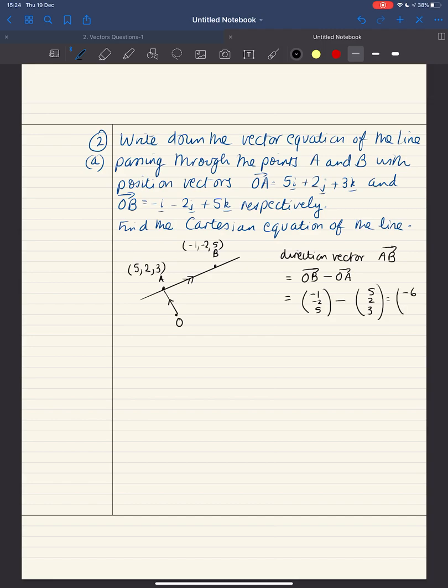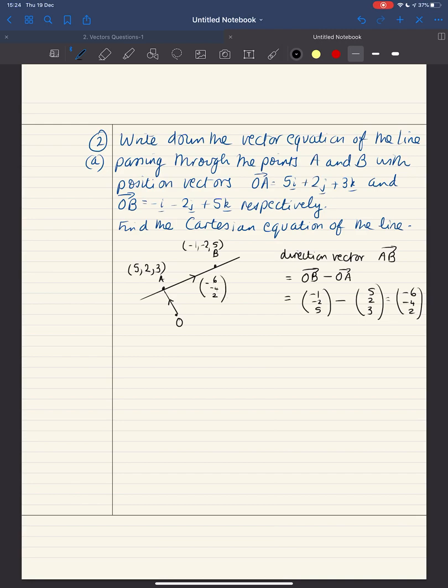So it's minus 6, minus 4, 2. Okay, so to go from A to B, we move along in the direction minus 6, minus 4, 2.